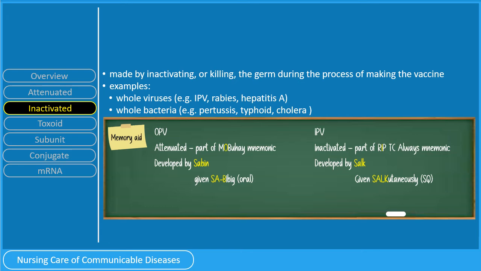Isolate the sound sabi in Sabin and just say sabibig. Sabin is given sabibig, that would be oral polio vaccine. A little disclaimer though, the developer of the OPV vaccine is pronounced as Sabin. The IPV developed by Salk is given subcutaneously or sub-Q.